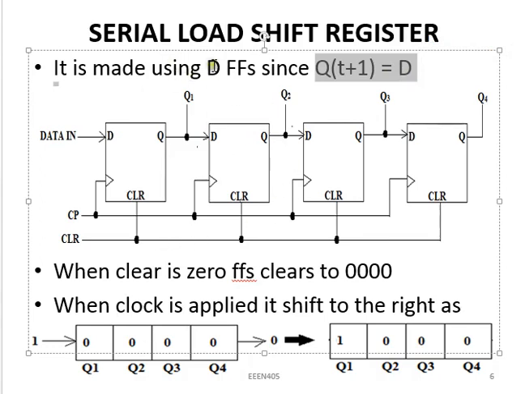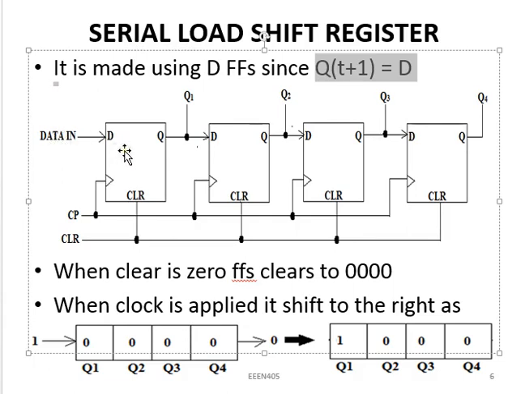And this is an example of a 4-bit serial load register. If you look at this, the input is coming from the first flip-flop, and the output of the first flip-flop is used for driving the next one, and its output is driving the next one, up to the last one. This is the reason why we call it serial load, because we are taking the inputs into it one after the other.